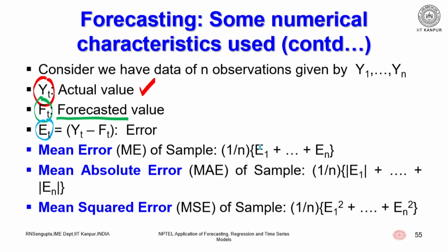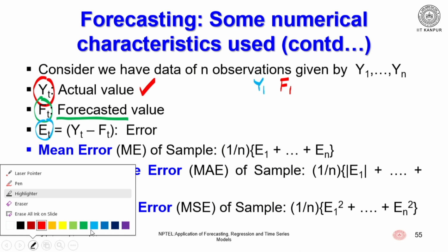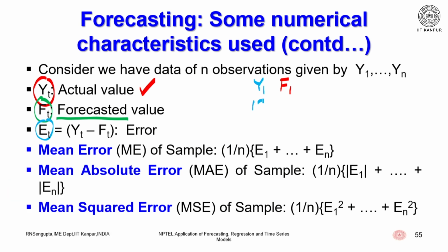The mean error means you want to find the average of the errors. If y1 and f1 are given, I am using different colors so there is no confusion. The y values are, for example, 12, then 14 in the next time period, then 17.